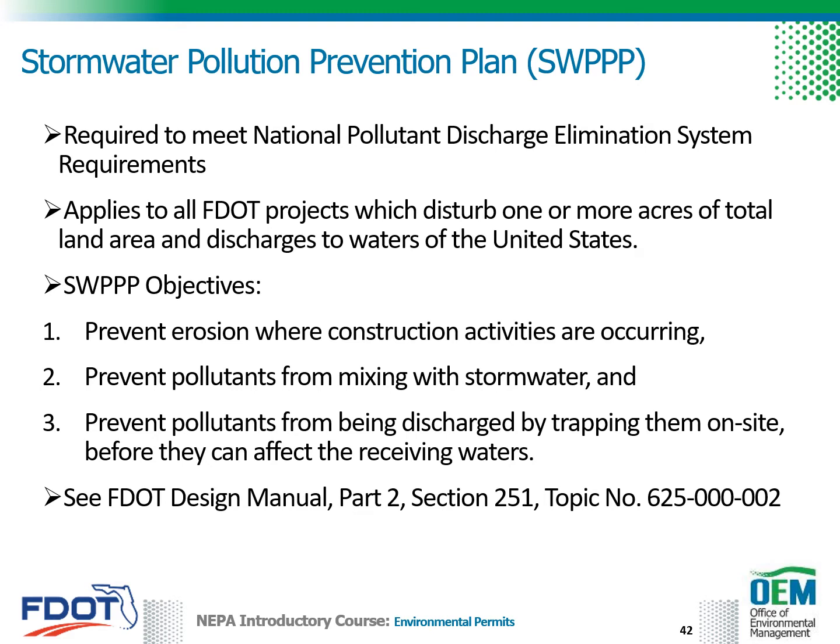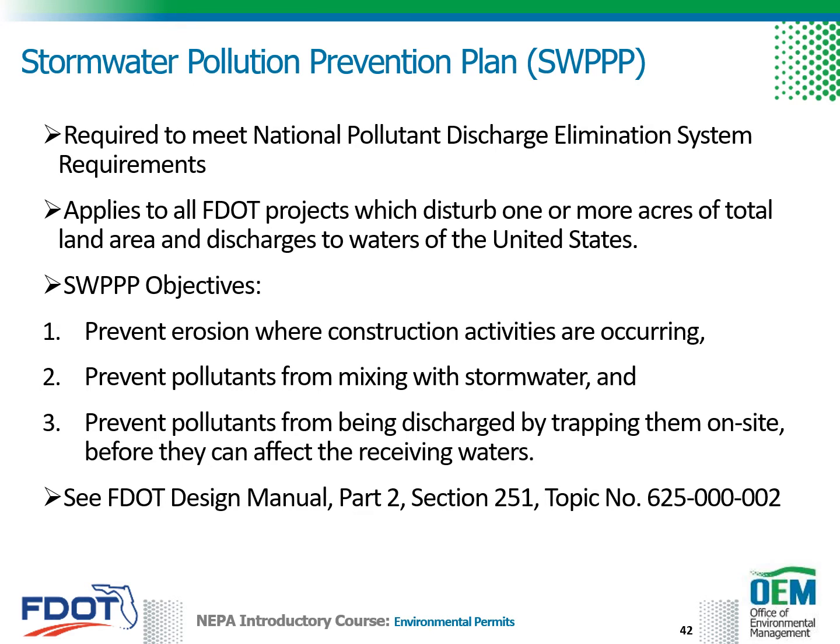A Stormwater Pollution Prevention Plan, or SWPPP, is required to meet National Pollutant Discharge Elimination System, or NPDES, requirements. It applies to all FDOT projects which disturb 1 or more acres of total land area and discharge to waters of the United States.